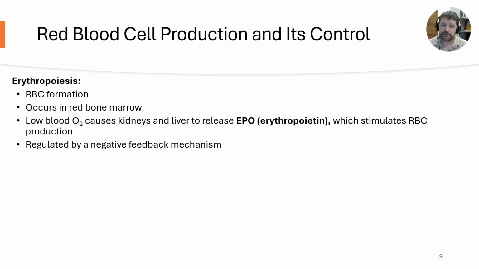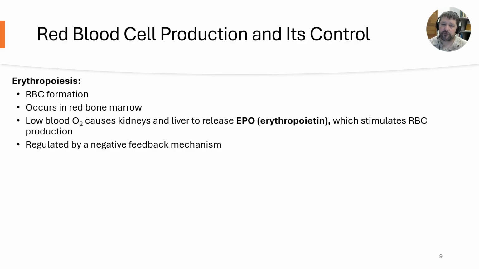All right, so the actual production of red blood cells is called erythropoiesis. That's the formation of red blood cells. It occurs in the red bone marrow, and it is triggered by a hormone called erythropoietin, normally abbreviated EPO. It's released by the kidney mainly, secondarily from the liver.